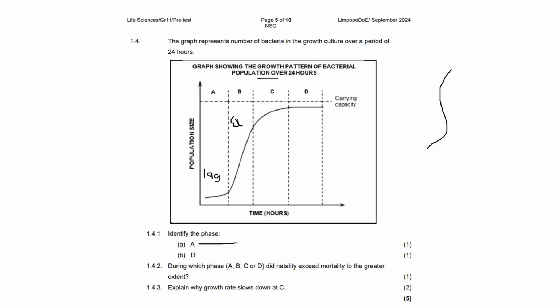Before I fill them in, let's just get the answers. For option A, the phase is the lag phase. I want to finish within 1 hour, so I don't end up wasting time filling in things that are not required. Then for option B, they're asking for the phase in D, the last one.